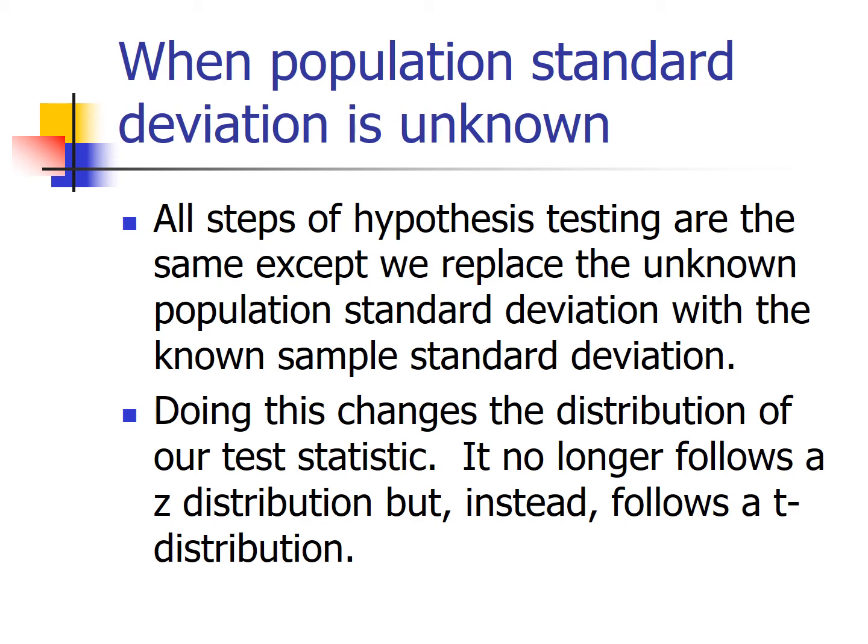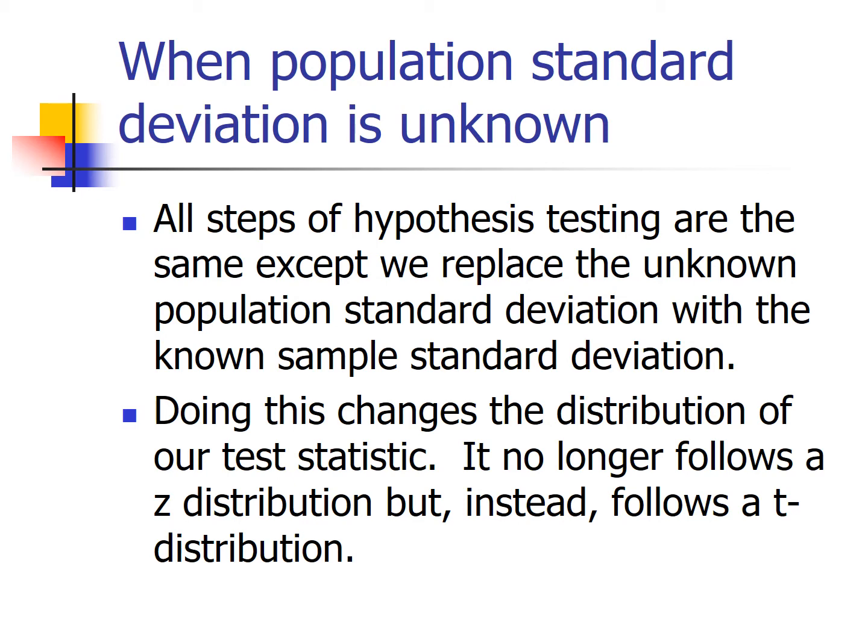When the population standard deviation is unknown, the spirit of the hypothesis test is virtually unchanged. The only thing we need to do is replace the unknown population standard deviation with the known sample standard deviation, just like we did for confidence intervals.